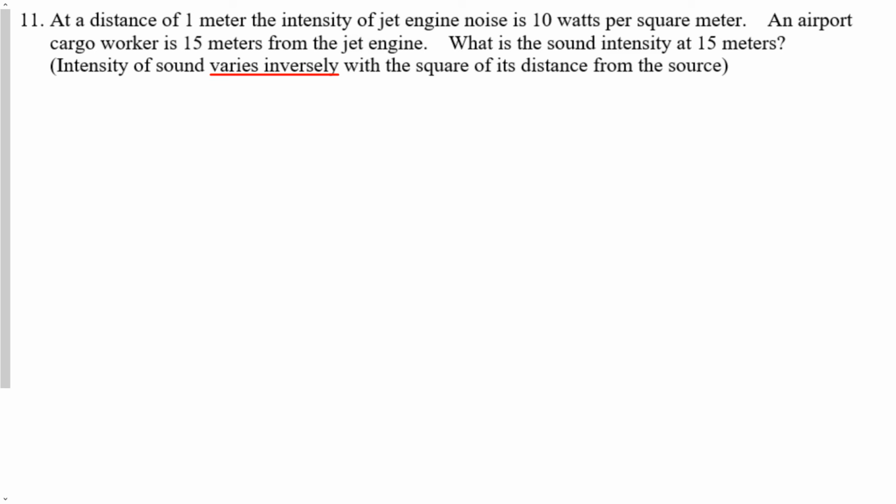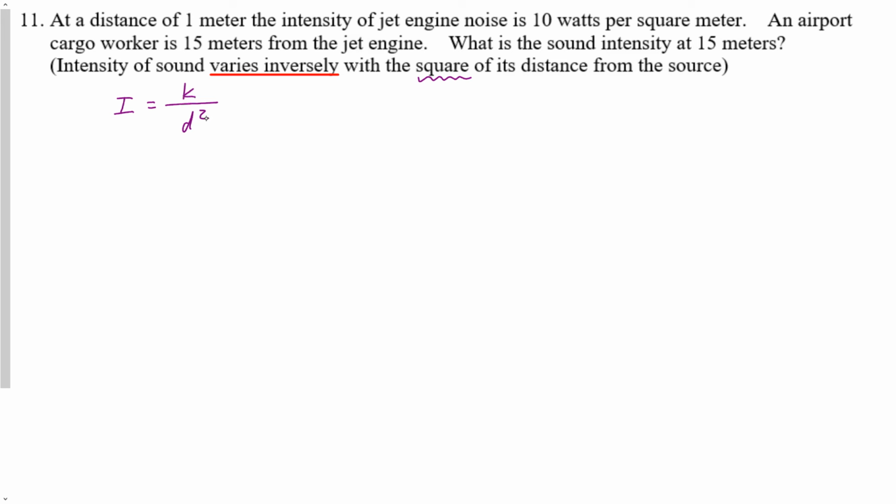So writing that equation, intensity will be a capital I variable. And since we have varies inversely, we know that's going to be K over, or divided by, the square of the distance. Remember, square means that we have an exponent of 2. So the distance squared is what is in the denominator in this general form based on what we're told.